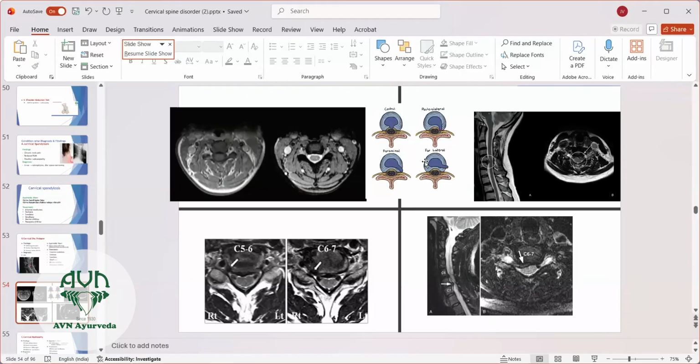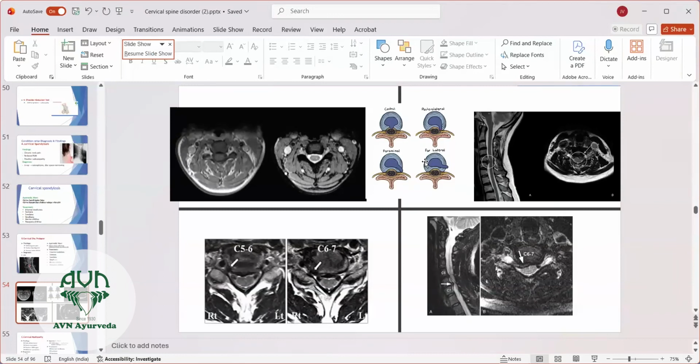So the prolapse can be divided into three levels. At the level of the intervertebral foramen, the patient experiences sensory deficit. If the prolapse is towards the root, the patient experiences motor deficit. In the cervical spine, if the prolapse is at the level of C4, C5, the C5 nerve root is affected, so shoulder abduction weakness can be observed. If the prolapse is at C5, C6, the C6 nerve root is affected, and the patient experiences biceps weakness. If the prolapse is at C6, C7, affecting the C7 nerve root, the patient experiences triceps weakness.